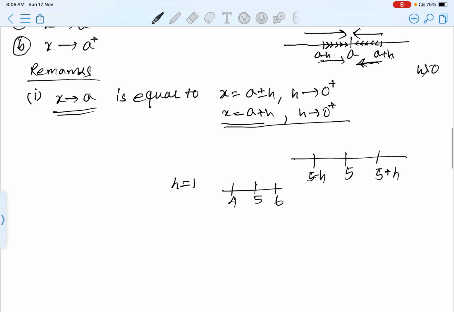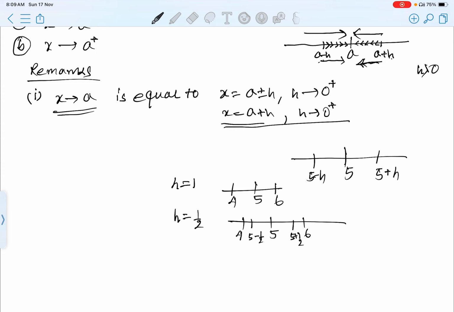Then take h closer to 0, say half: 5 plus half, here 6, here 4, and 5 minus half.